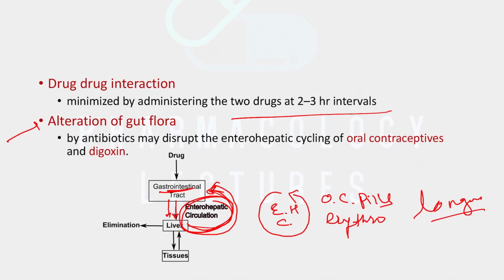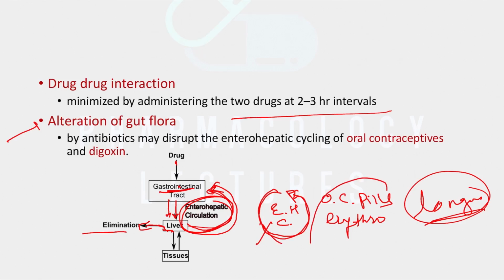Otherwise, normally the drug gets absorbed into the liver, from the liver it gets into the systemic circulation, is metabolized and eliminated. But because of enterohepatic circulation the drug remains in the body for a longer time. Now, if another drug affects this enterohepatic circulation, then it will affect the concentration of these drugs as well.